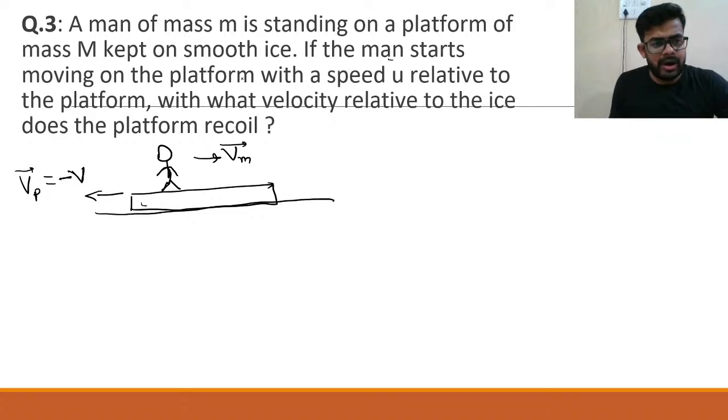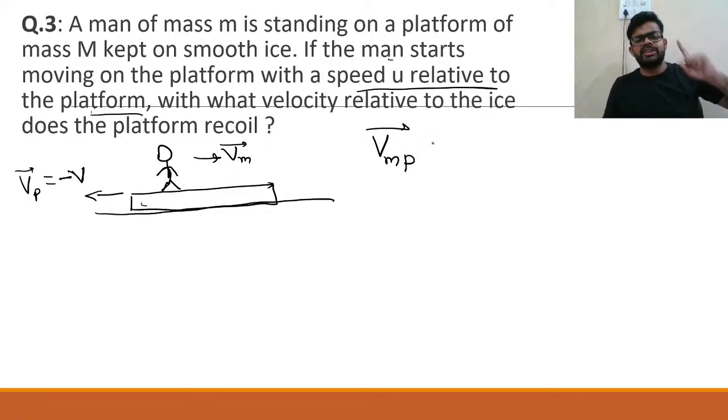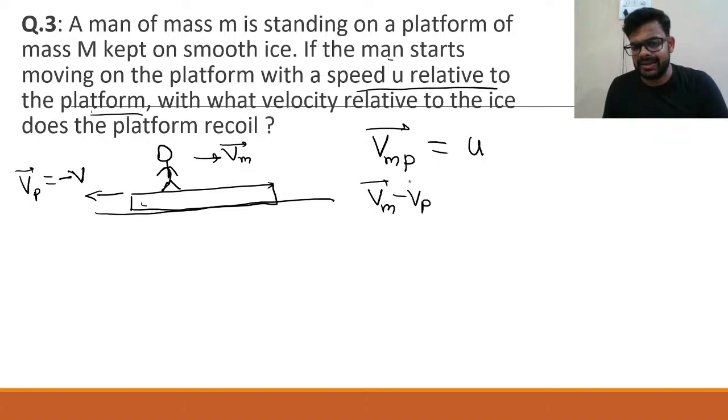It is given in the question that the man starts moving on the platform with speed u relative to the platform. So velocity of man with respect to platform is u. We know relative velocity: velocity of man minus velocity of plank equals u.